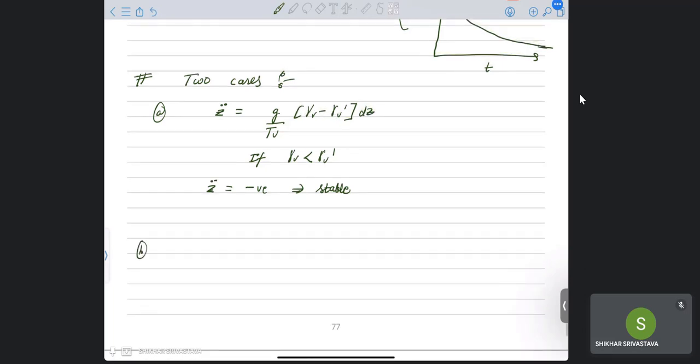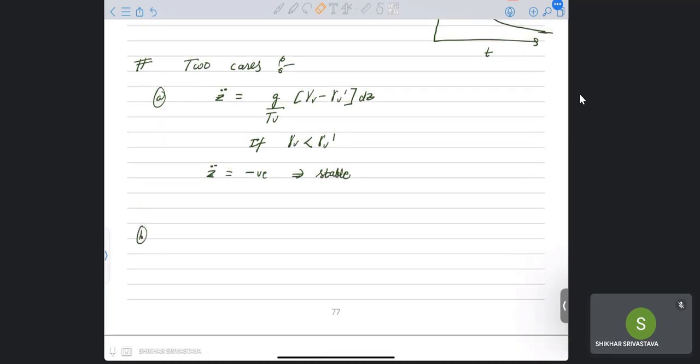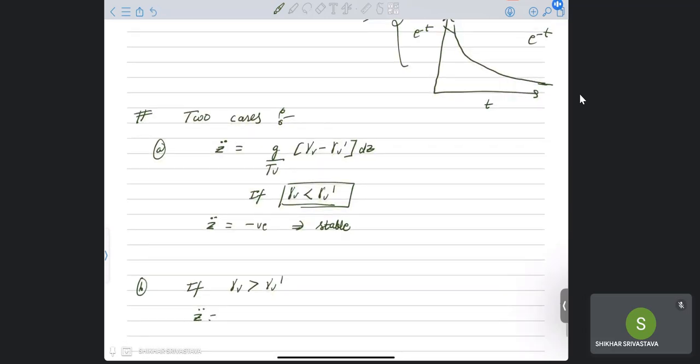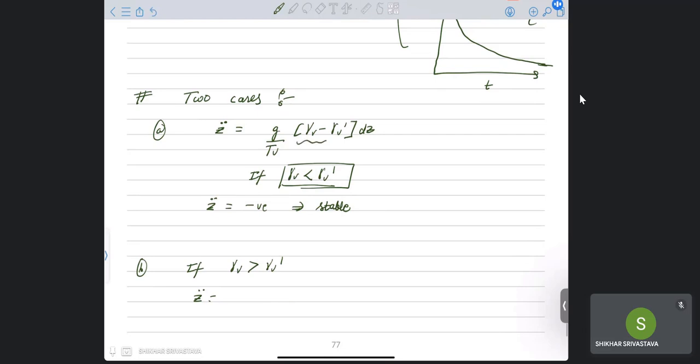Similarly, in the second case, if gamma v, that is the environment lapse rate, is greater than the parcel's lapse rate, since gamma v is greater than gamma v prime, this term will be positive.